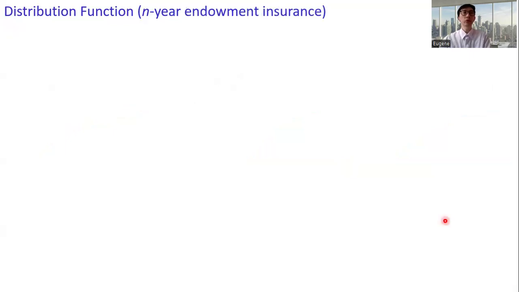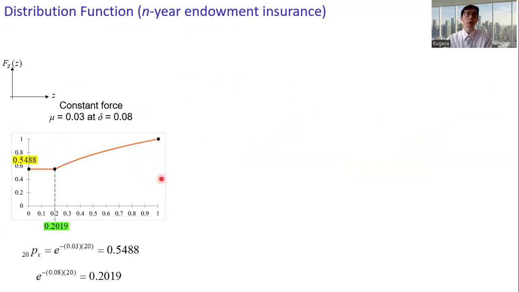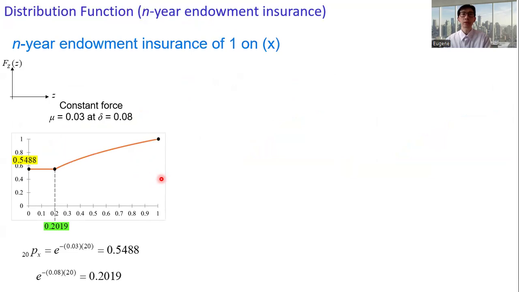All right, let's move on to N-year endowment insurance. Reconsider the graph of an N-year term insurance. For the N-year endowment insurance, we have this PDF.